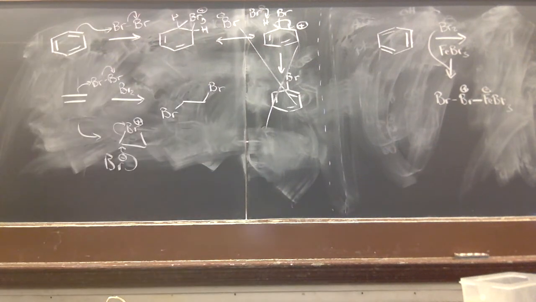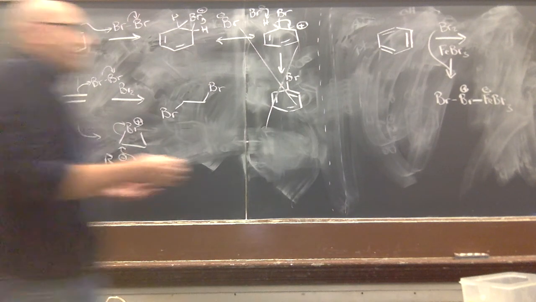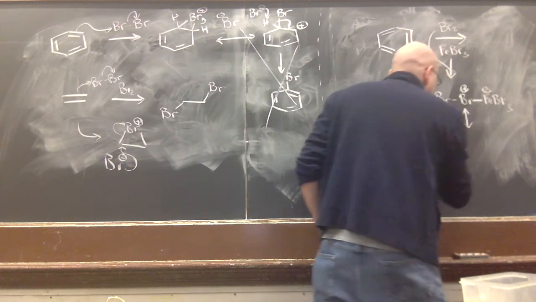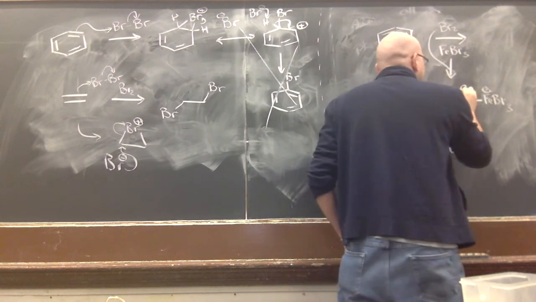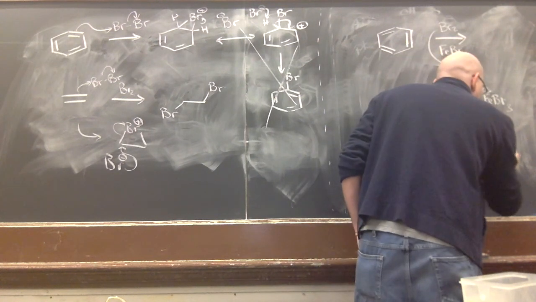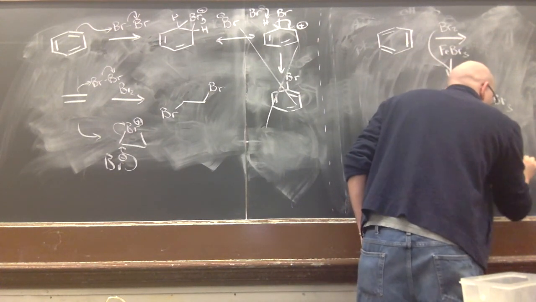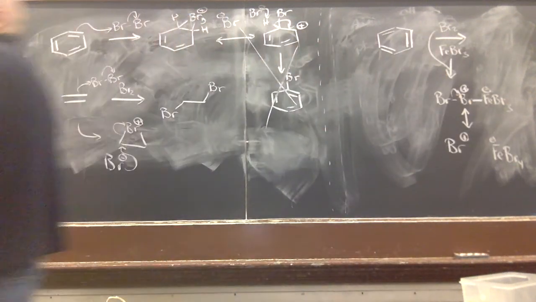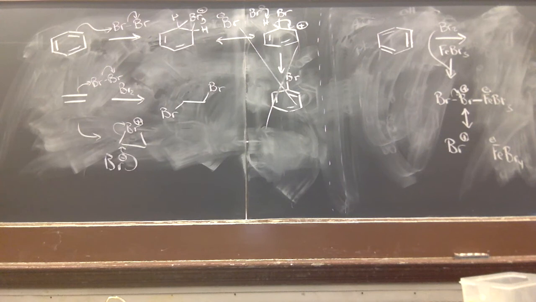That net result is that what you now have is something you can imagine. You can draw an additional resonance form where, almost literally, I don't say literally, but almost literally, we sort of begin to think about this as a cationic bromine source.